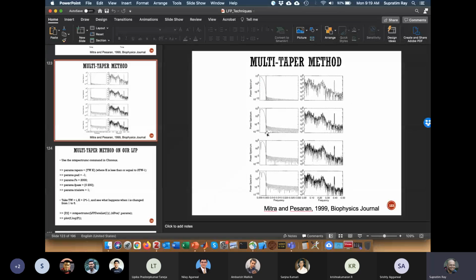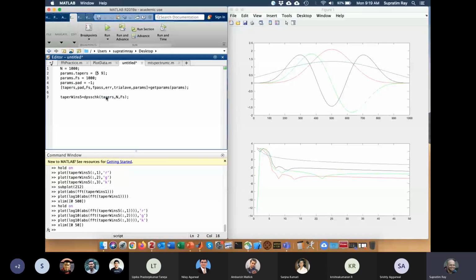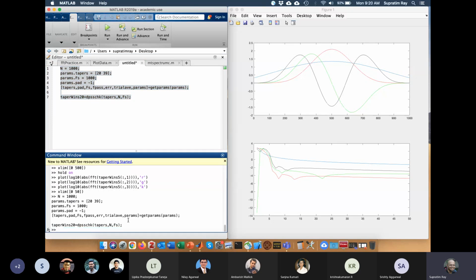This being so narrow, and then the side bands starting to become larger and larger. Now let me do a really large number of tapers here, and it will become much clearer. So suppose I say my time bandwidth TW is 20. Okay, so 20 hertz is now TW is 20, and let me take 20 into 240, 30 tapers, and I'll call it 20, and I'll run this.